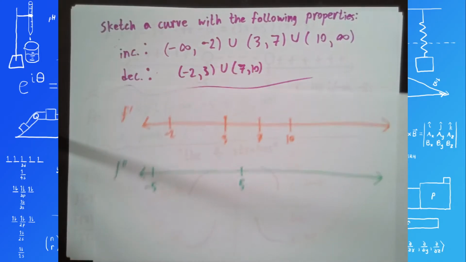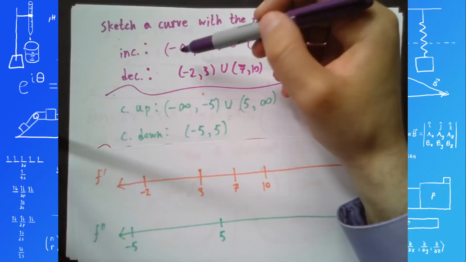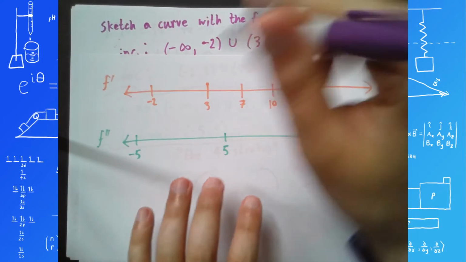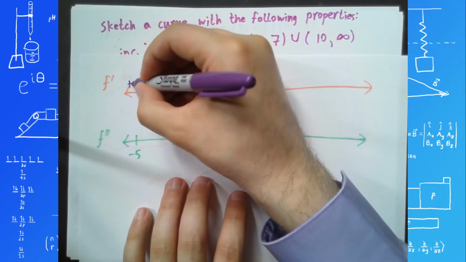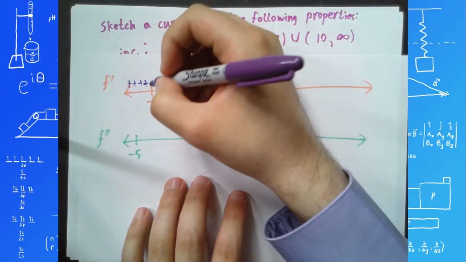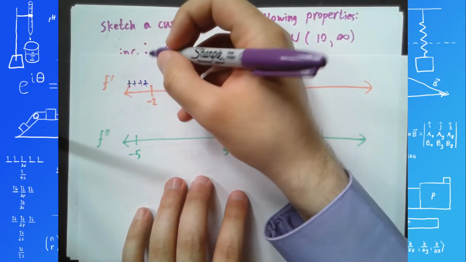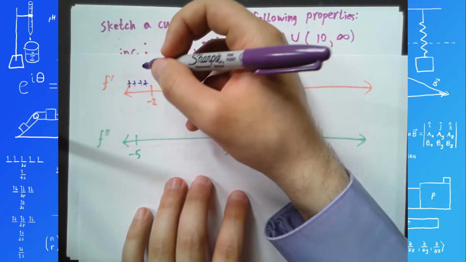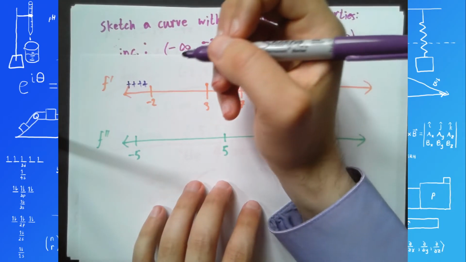Let's see, for f prime, from -infinity to -2 it's increasing, so that's a positive first derivative. We don't know at -2 whether we have a point where the first derivative is undefined, or if it's 0.